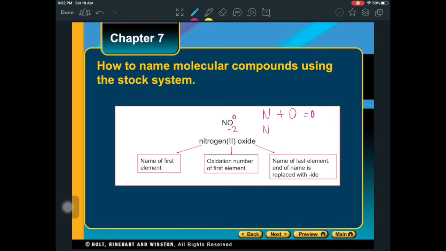So I know that this is N minus 2 equals 0. If I move this to that side, I have to add a +2 and a +2 here. So I get N, these two cancel, equals +2. So I now know that my nitrogen has an oxidation number of 2, just like what we found here. So I know that it's nitrogen 2 oxide. Perfect.